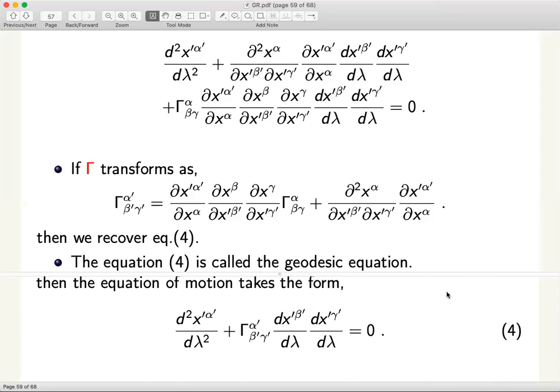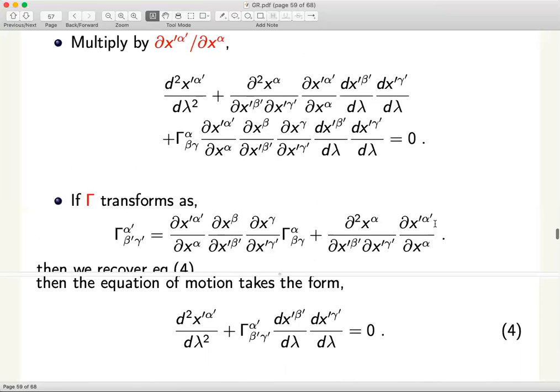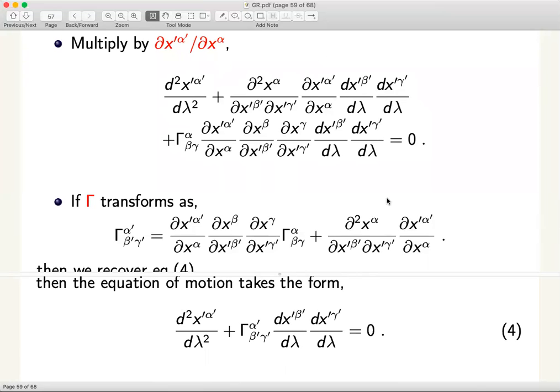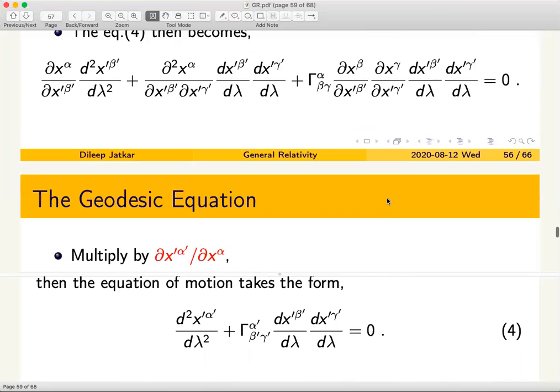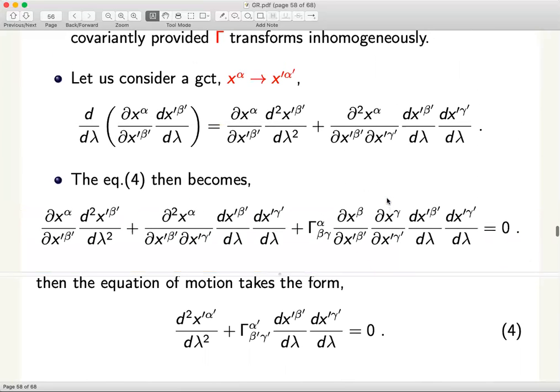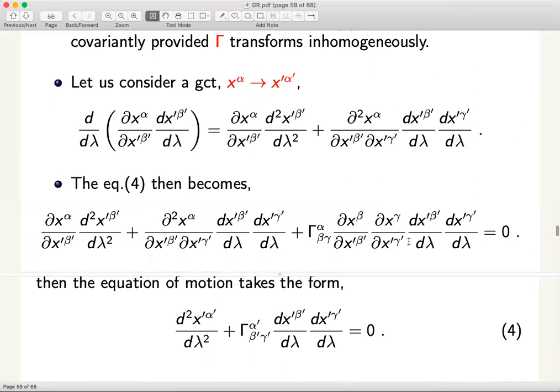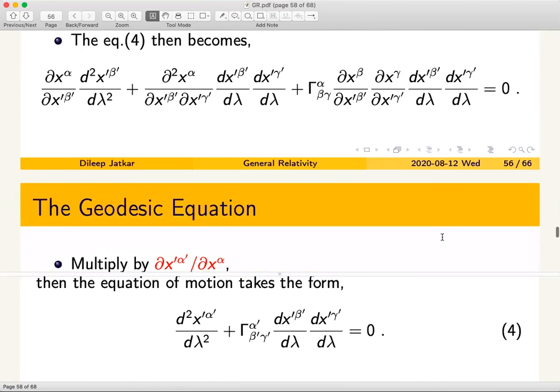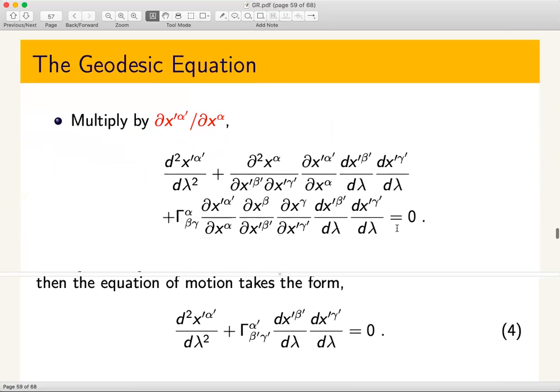It would transform under general coordinate transformation. How it will transform is figured out by actually doing a general coordinate transformation, which is what we did here. We started off with that equation and did an arbitrary general coordinate transformation. We got some mess like this. We cleaned it up a bit by multiplying by appropriate stuff, made it look like that.